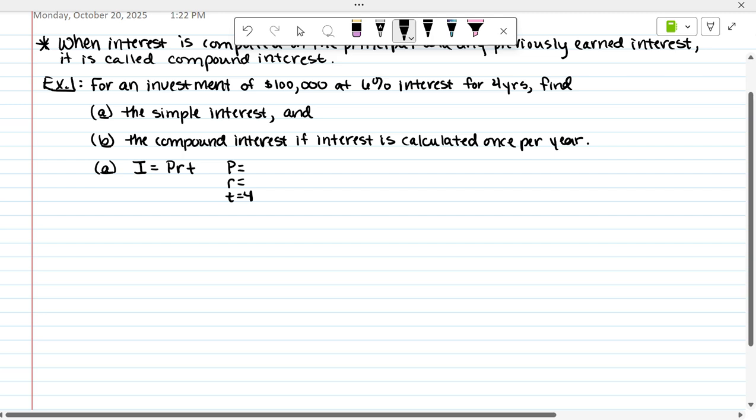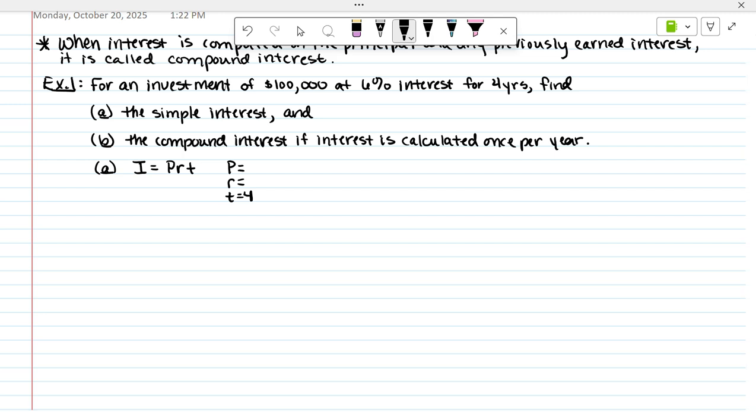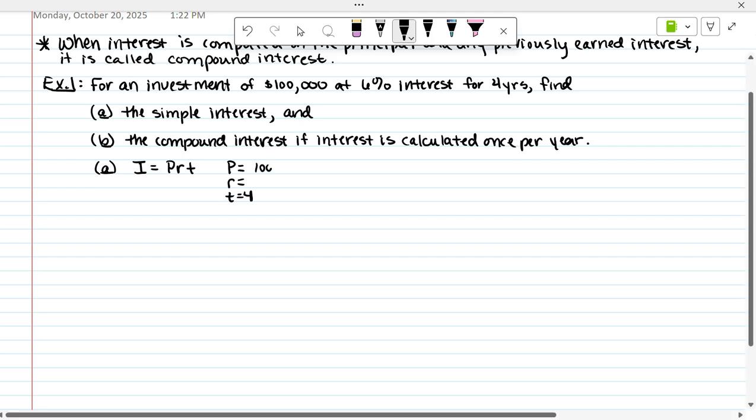What's my principal? 100 grand. And that rate as a decimal is 0.06. So we put that into our formula: I equals 100,000 times 0.06 times T, which is 4.